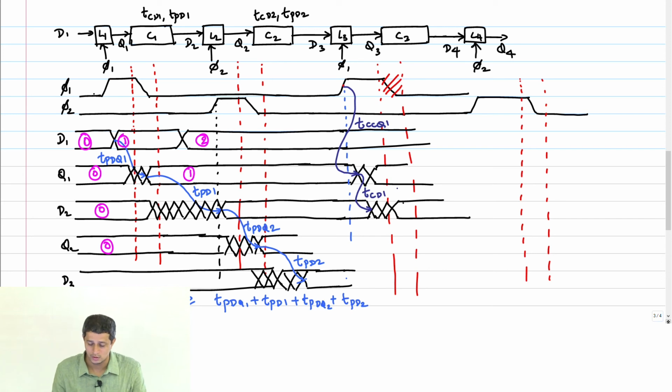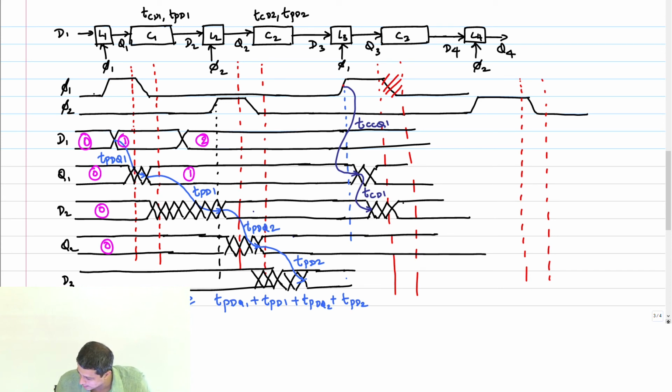Now, what is the constraint on D2? What should happen at Q2? Look at the previous cycle here. What is the event that Q2 should have sampled? Event 1. So Q2 is expected to hold event 1 all through until the next thing. So this has to be event 1, but this is event 2 already, by the way, and so is this.